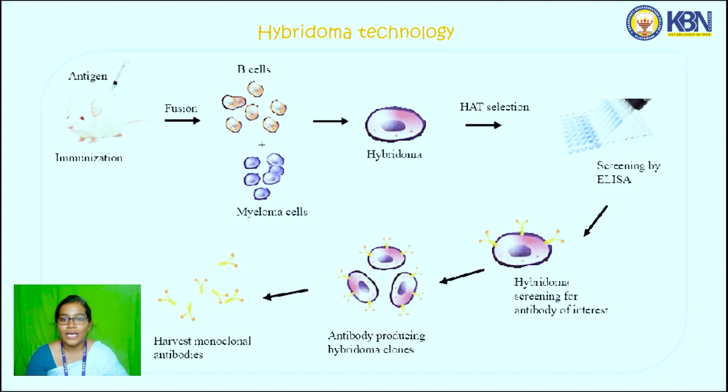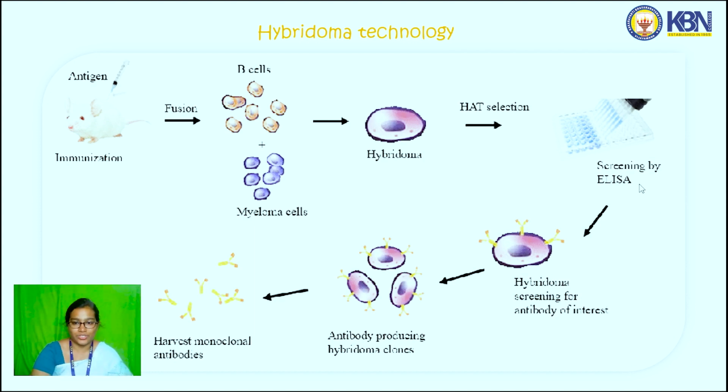So for that, we will take the cells into a special medium called HAT medium. What is this HAT medium? The HAT medium contains three essential elements: hypoxanthine, aminopterin, and thymidine. This HAT medium will allow only hybridomas to grow, and the rest of the cells will slowly die. Why? The HAT medium is favorable only for hybridomas to grow.